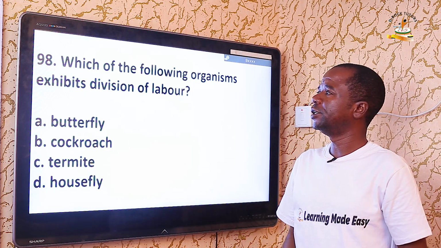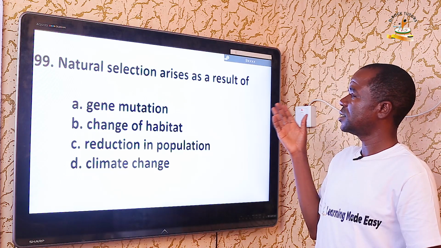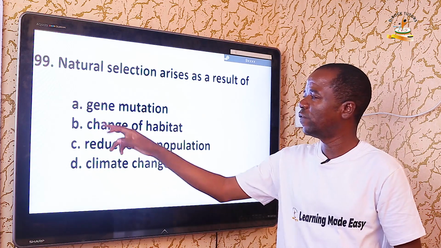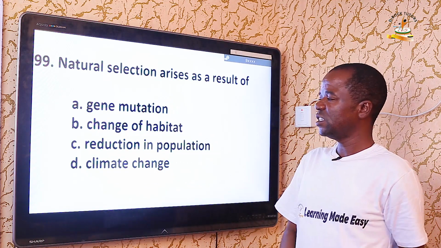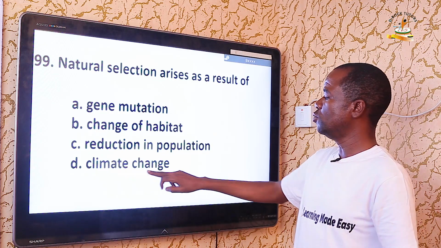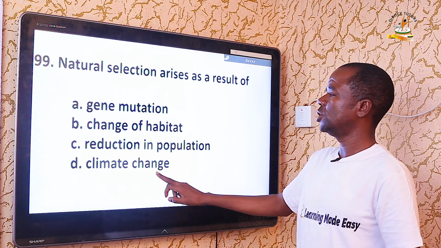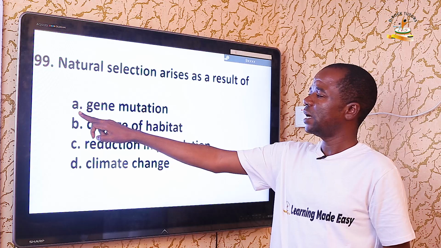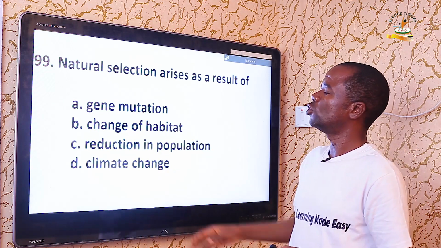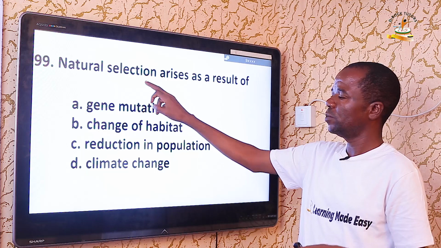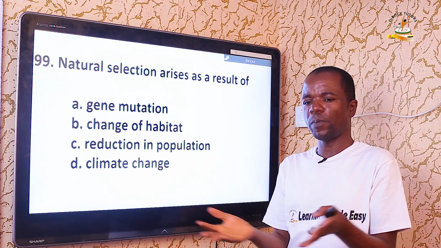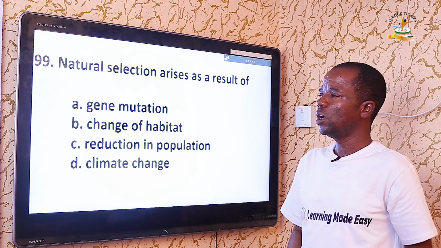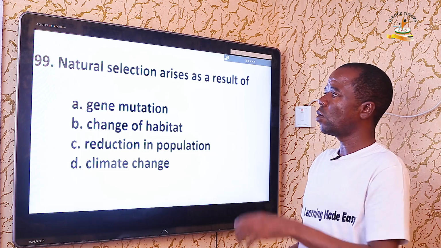Let's go to number 99. Natural selection arises as a result of dash. Now, natural selection arises as a result of gene mutation. There has been a particular school of thought that attributes natural selection to climatic change, but gene mutation has overwhelmingly been attributed to what brings about natural selection, because when organisms begin to struggle in a particular environment or habitat, not all of them will survive, according to the British naturalist Charles Darwin.